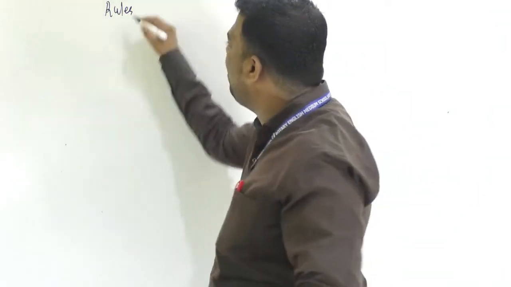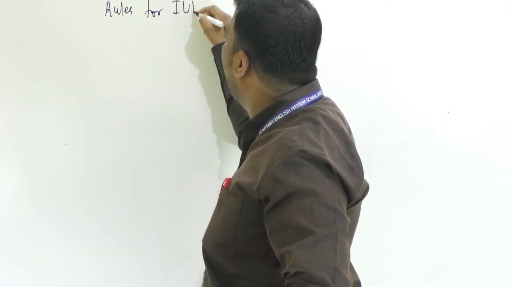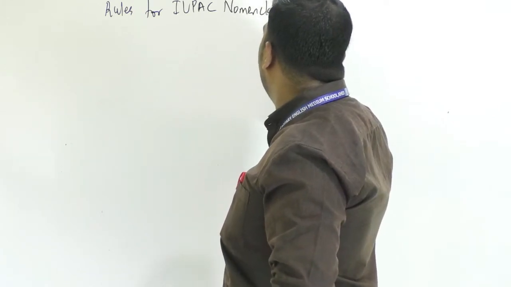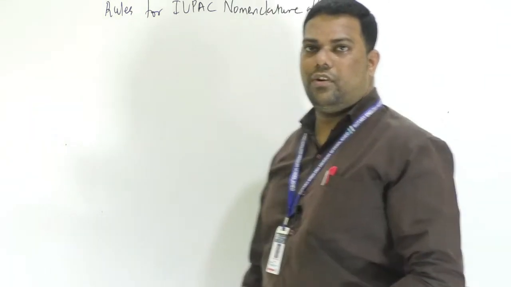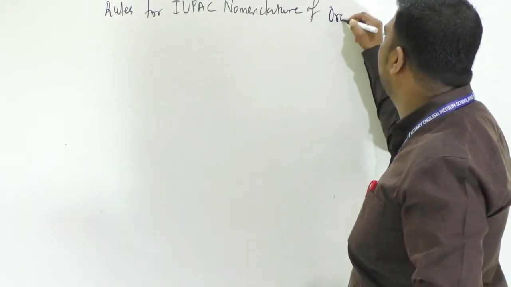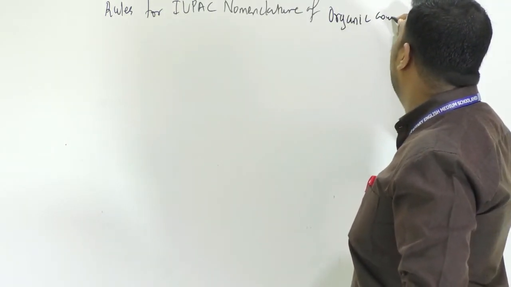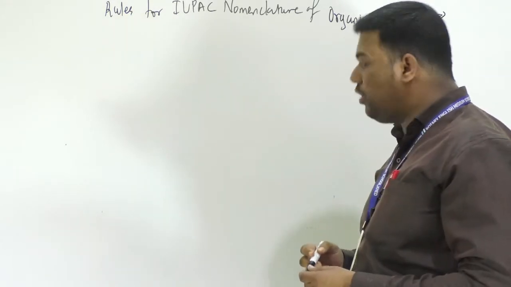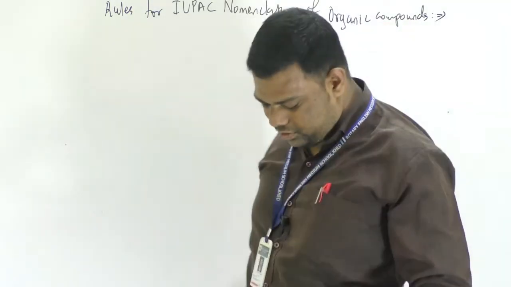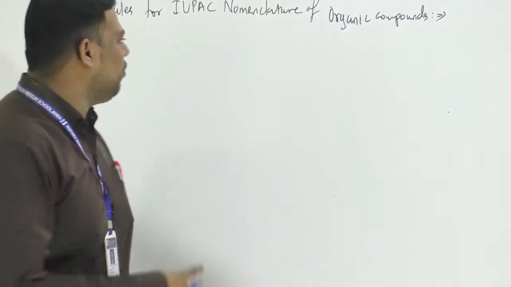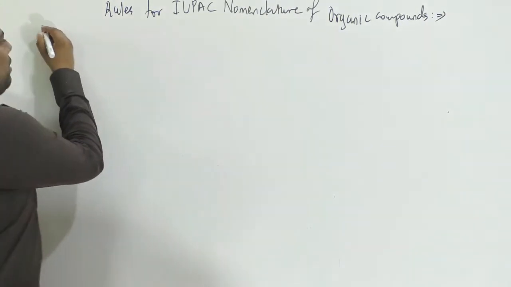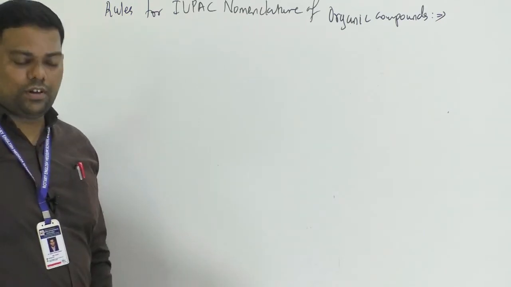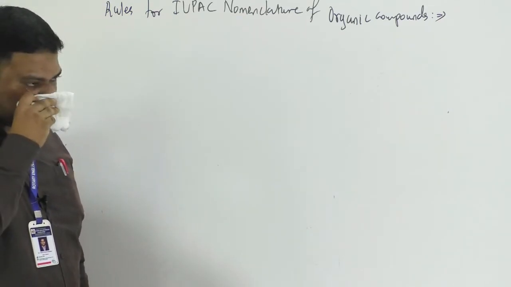So see here, rules for IUPAC nomenclature of an organic compound. First rule, so pay attention here. Whatever first rule, you have to write one by one in your notebook. Rules for organic compound IUPAC nomenclature.